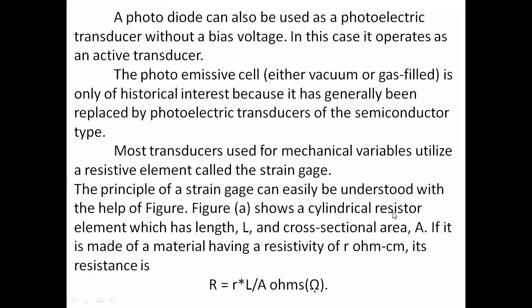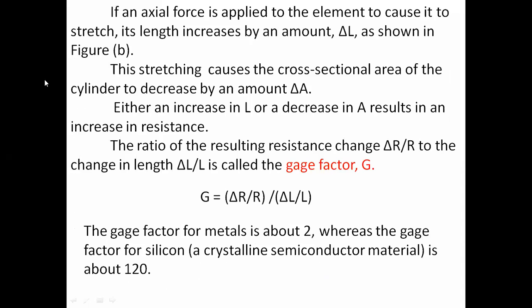So a cylindrical resistor or conductor element has length L and cross-sectional area A. If it is made of a material having resistivity rho ohm-meters, generally you know that the resistance of a resistive wire is R equals rho L by A. Now we apply some axial force, by which the length of the conductor increases and the cross-sectional area decreases. In either case, if the length increases or the area decreases, the resistance will change.